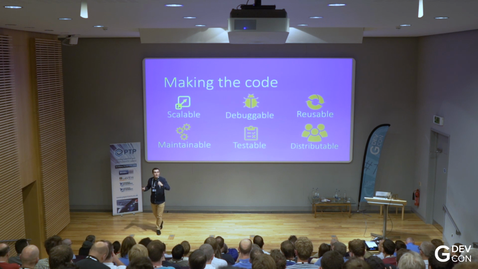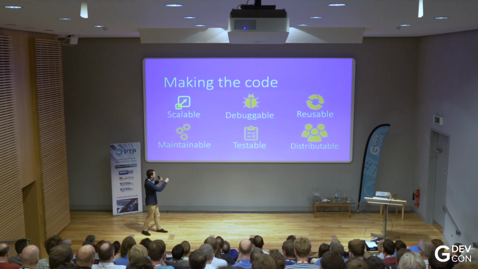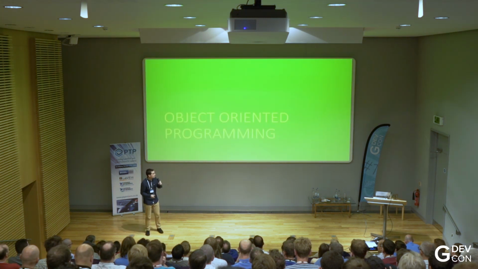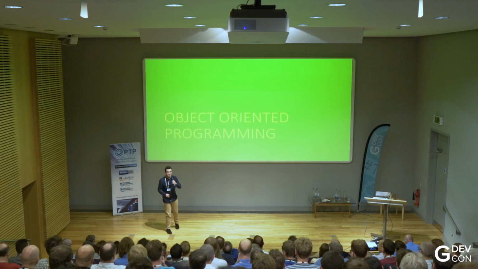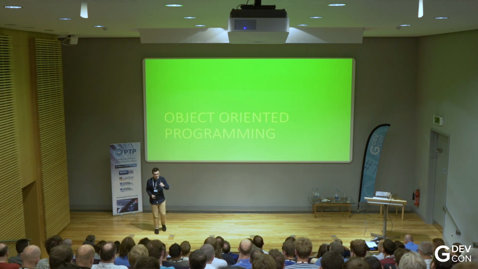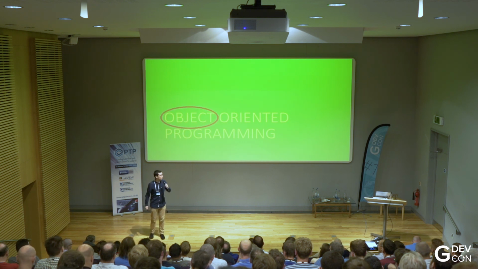Now, the #1 way that I found of achieving these items is the use of object-oriented programming. Okay, so this is where we're going to start having quite a big overlap with what Daniel went through earlier, but I'll be expanding on what he said.